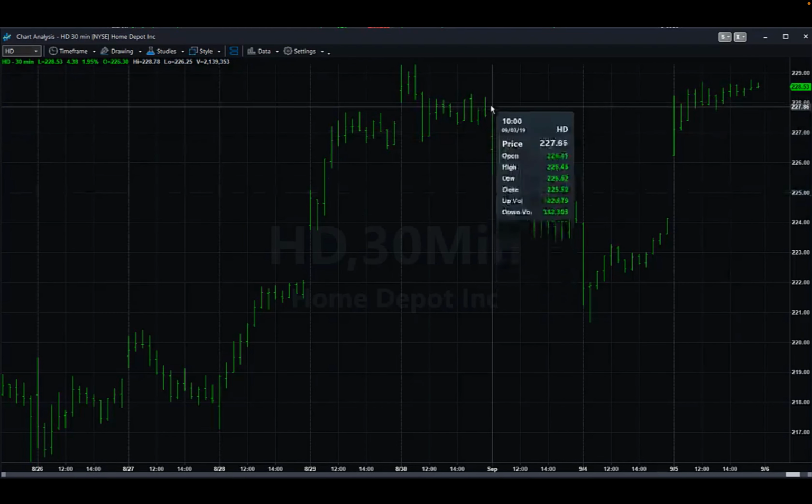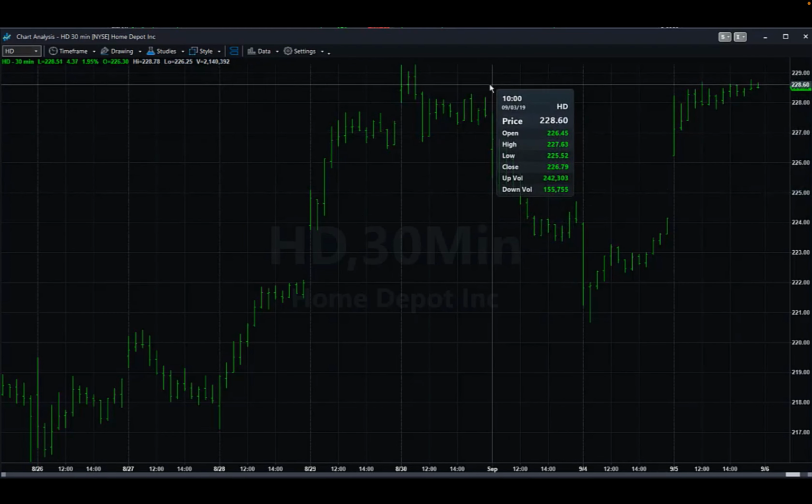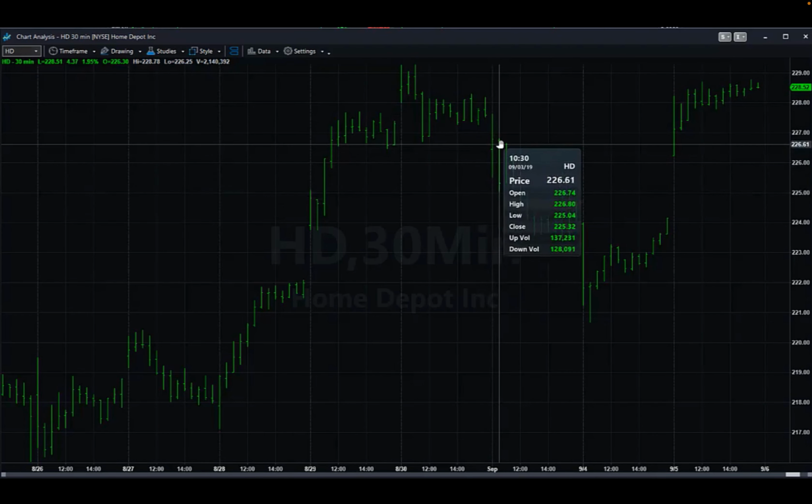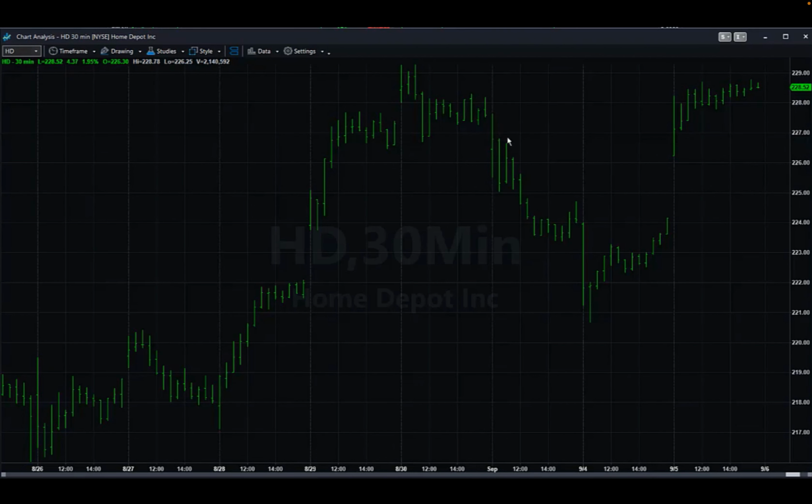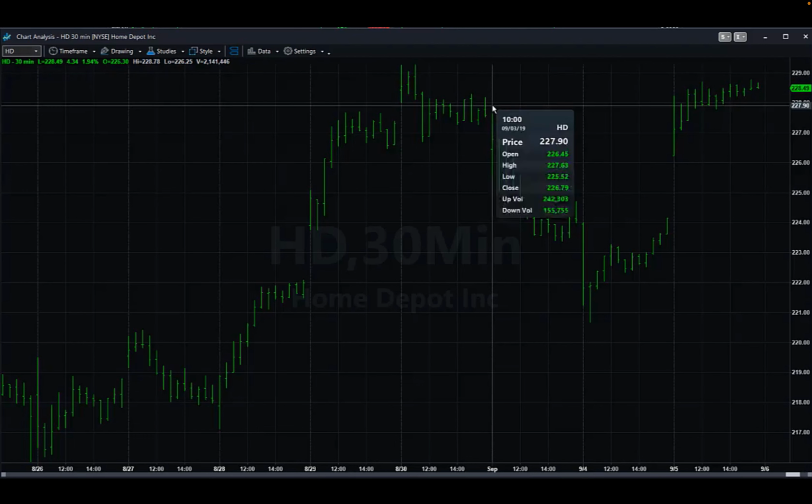Okay, so let's start right here on this line. What you're going to notice right here is that it closed at 226.79, so right at about here, right where this horizontal line is. So how would I know that this is a good point in time to take advantage of a downward move? It's moved down a little bit, but how do I know that this thing's going to really pull down? So right here, which is the third, this is the first 30-minute bar of September 3rd.